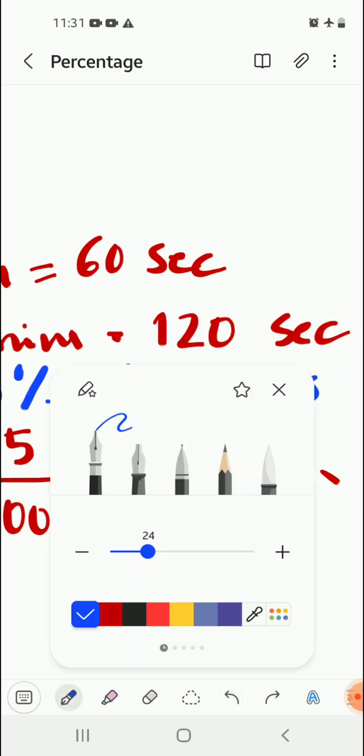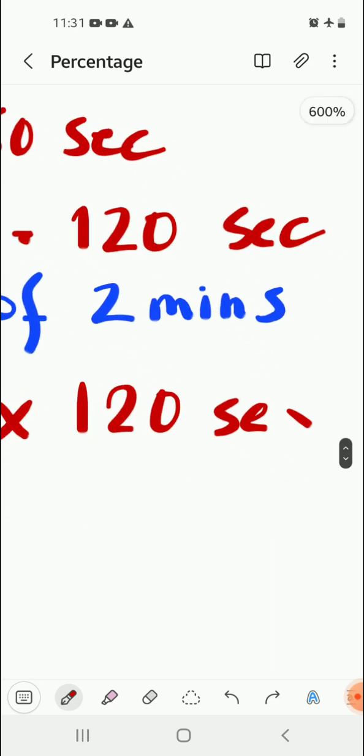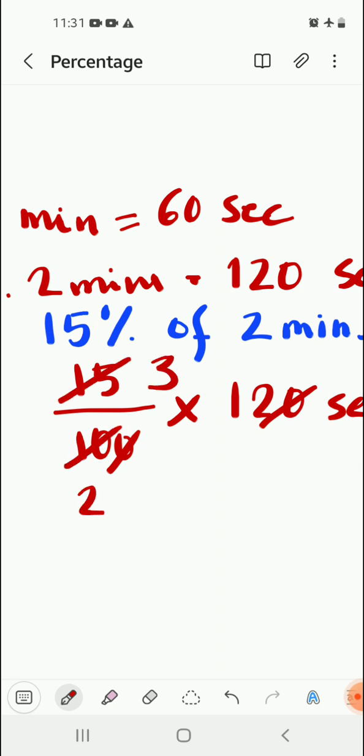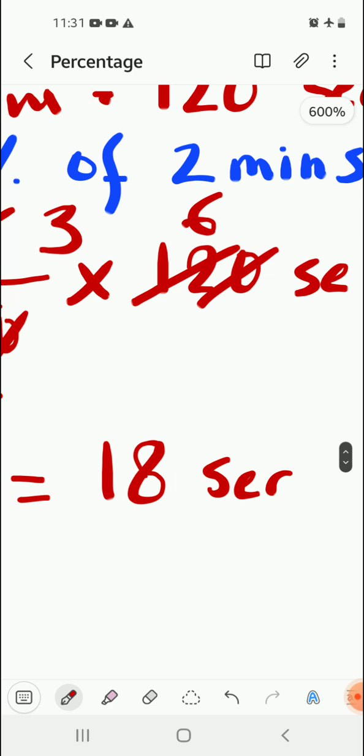So, it is that simple. Now, what we need to do is simply cancel things out. Cancel 0, 10, 15, both get cancelled by 5, so 3, and this gets cancelled, 6, we get 6 into 3, 18. So we can say that the answer is 18 seconds.